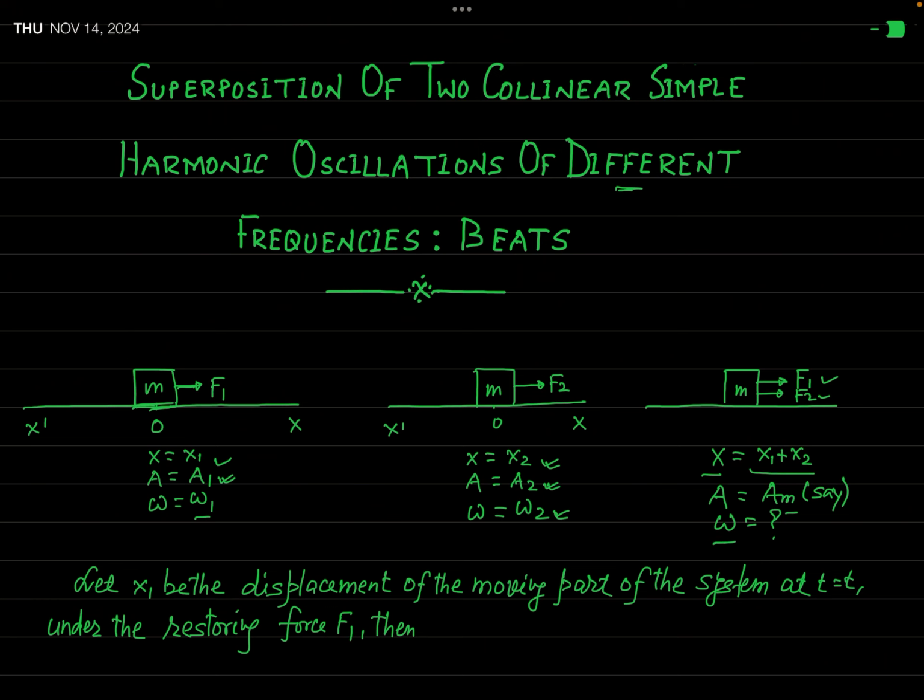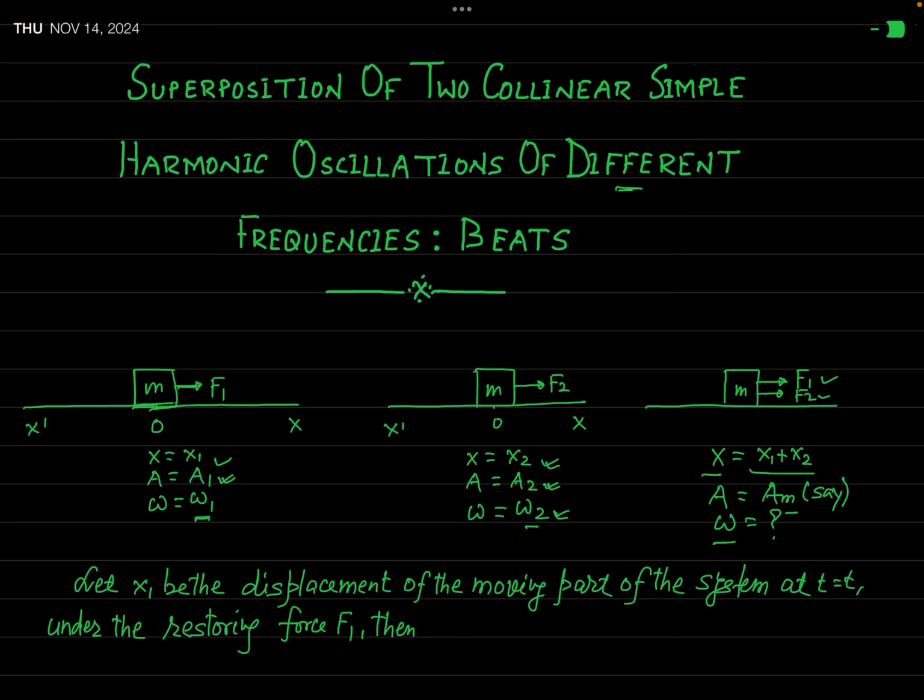Actually, you will see that this wave will almost travel with a frequency which is just the average value of omega 1 and omega 2, but only when omega 1 and omega 2 differ by a very small amount. Okay?